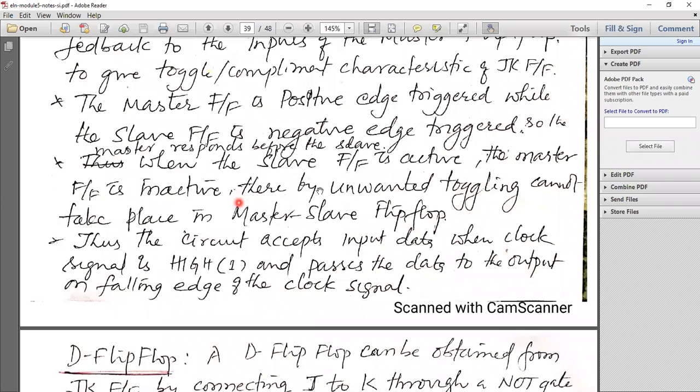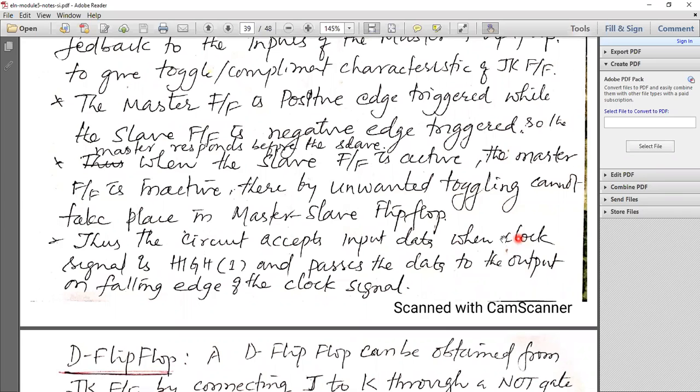Thus, the unwanted toggling can be avoided. How is the unwanted toggling avoided? In the first state, when the master is active, the slave is inactive, so the data cannot be toggled.